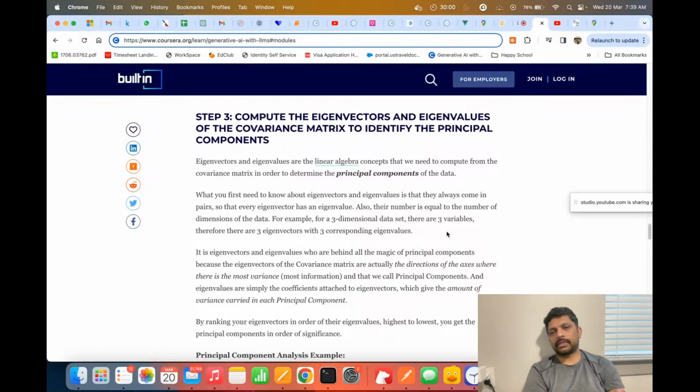What eigenvectors and eigenvalues are, we'll look into. But what you do is rank the eigenvectors in order of their eigenvalues, highest to lowest. You get the principal components in order of significance.